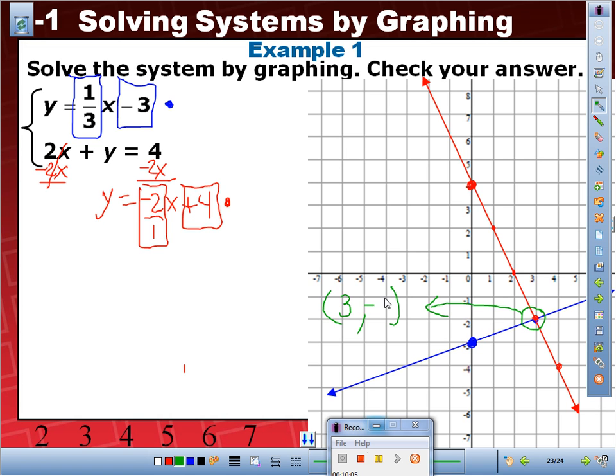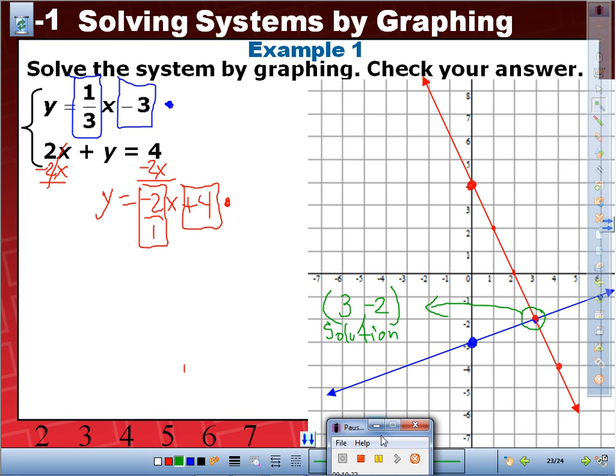So I'm going to write 3, negative 2, and right underneath, solution. Just by looking at it, the solution of a system is where both lines intersect. Are we there so far? So for step 4, now we need to do a check and then write a statement.